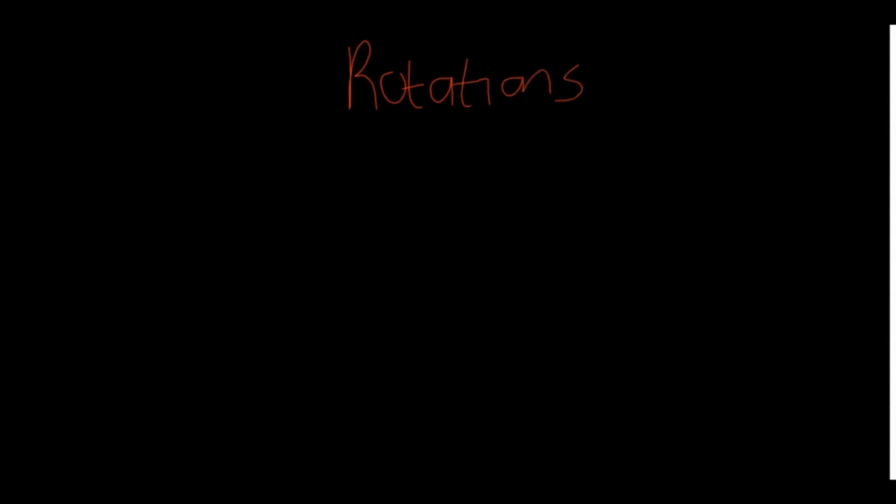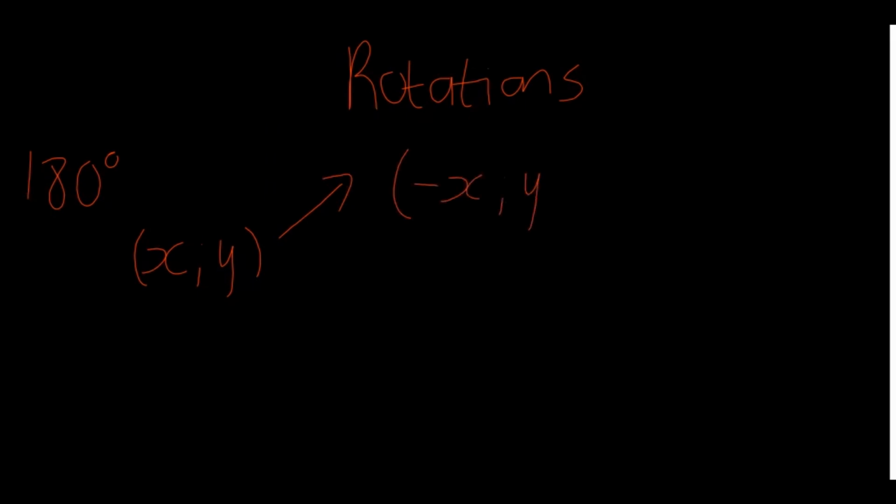Let's say you have your original point x, y, and now you're going to rotate 180 degrees. What's going to happen is if you rotate 180 degrees, both the signs will be opposite for the x and the y, but the numbers will stay the same. Then if you have 90 degrees and it goes clockwise, the numbers swap. So x and y swap places, and also the x will now have the opposite sign.